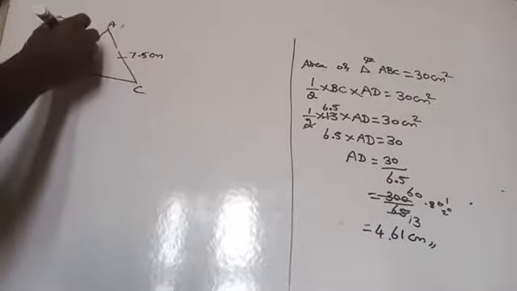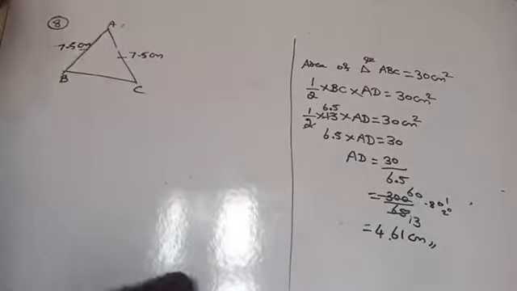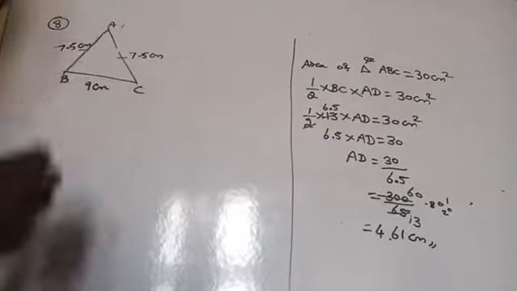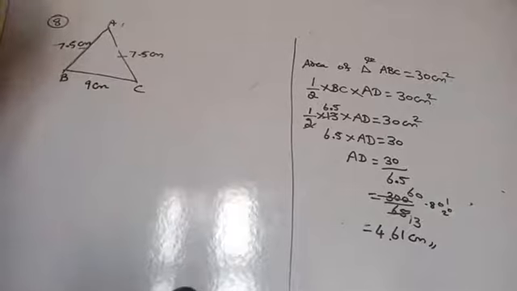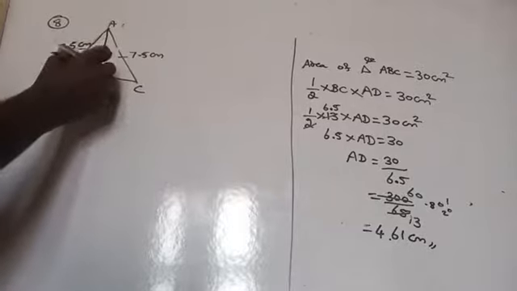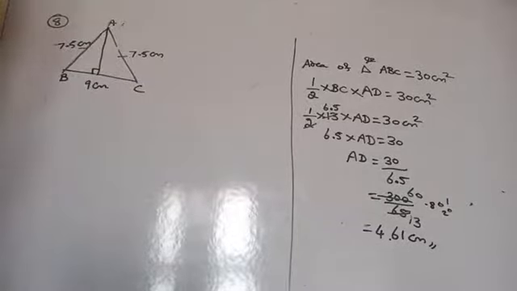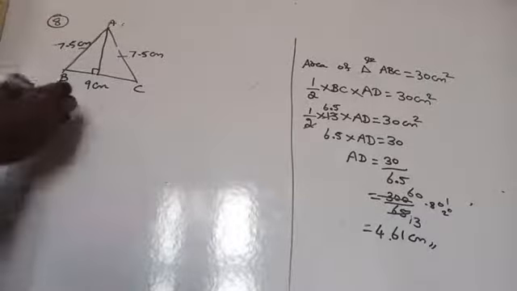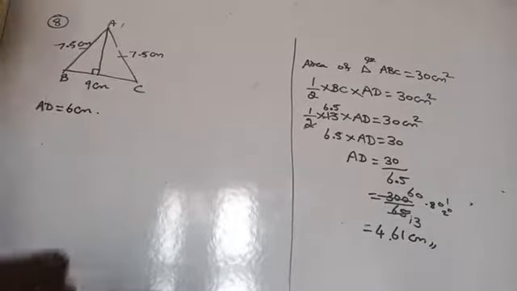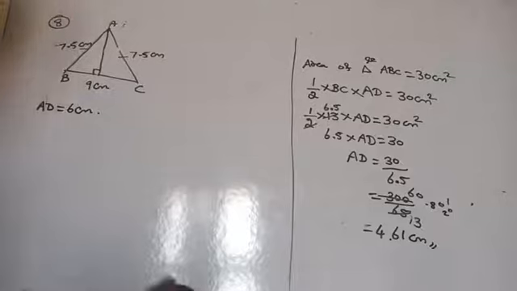AB is also 7.5 centimeter, AC is also 7.5 centimeter. And then base is 9 centimeter. The height AD from A to BC. So we are going to draw AD to BC, which is perpendicular to BC. Am I right? The height AD from A to BC is 6 centimeter.